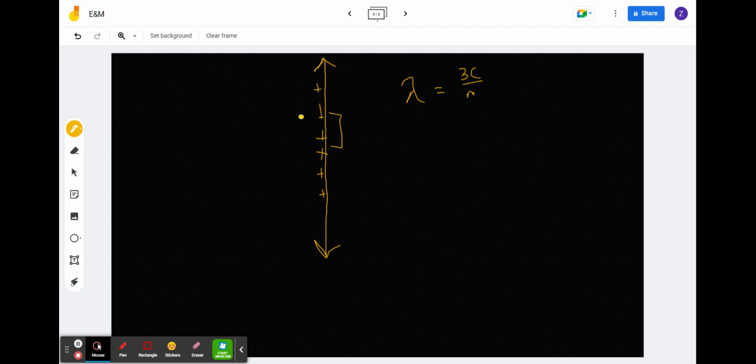What we can do is, if we selectively take a cylinder as our Gaussian surface, and let's say it has a radius of r and a height of h, and this is our infinite line, what we'll note is that, as we talked about earlier, the electric field lines are going to be perpendicular to the line.